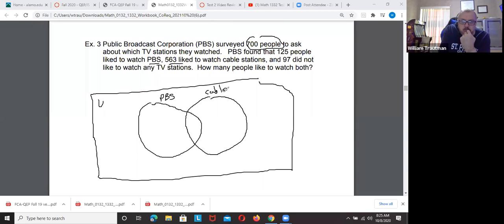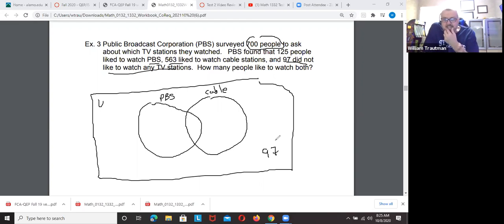PBS found that 125 like PBS, 563 liked watching cable, and 97 did not like to watch any TV station. Okay, 97 did not like to watch. This is PBS, this is cable. So 97 is on the outside.